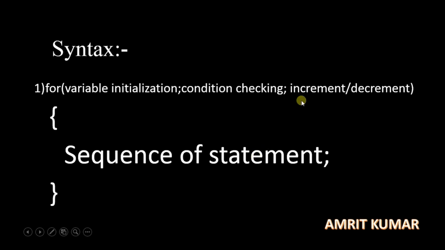After that, this will increment or decrement the value, and then we come to the condition checking again, and if the condition is true again, the statement is going to be executed. Finally, if the condition is false, then it will come out of the loop. So this is the working of a for loop.